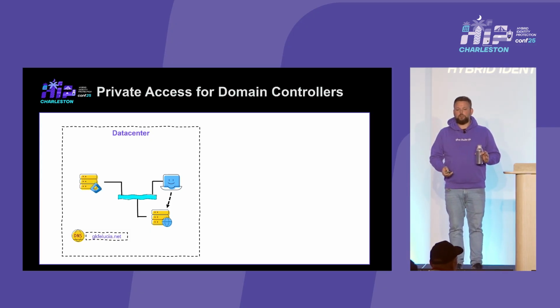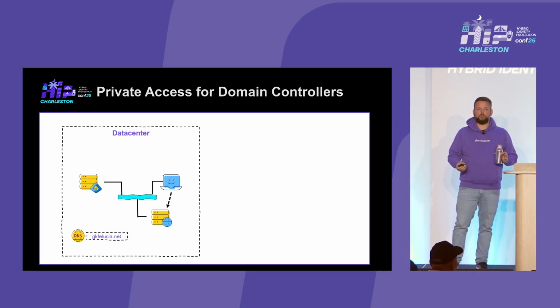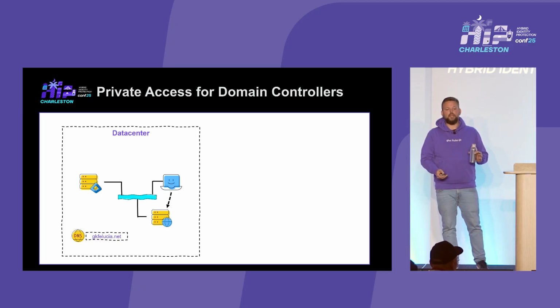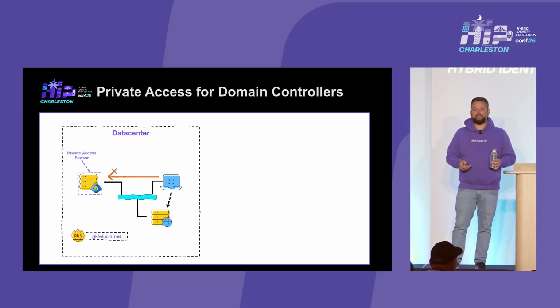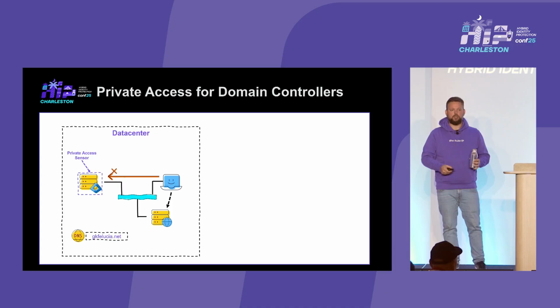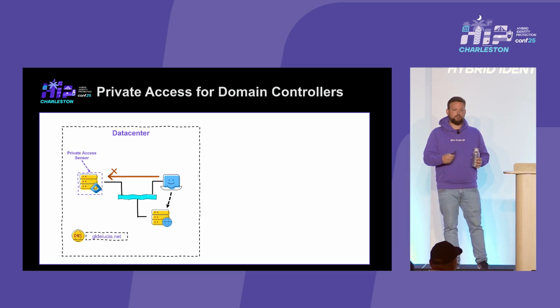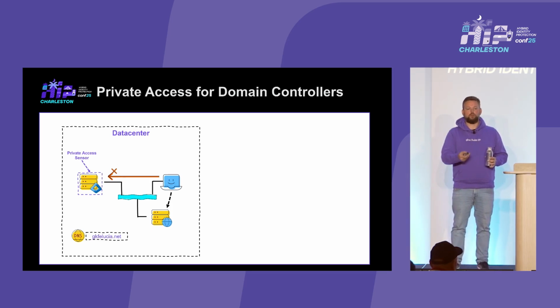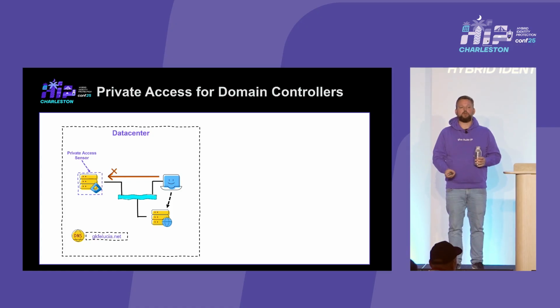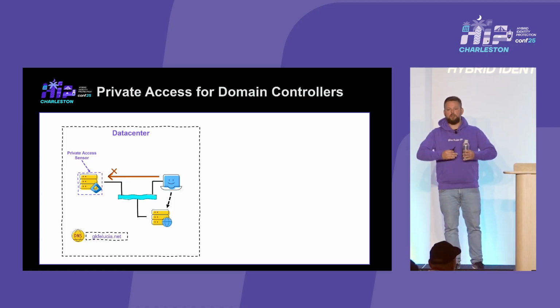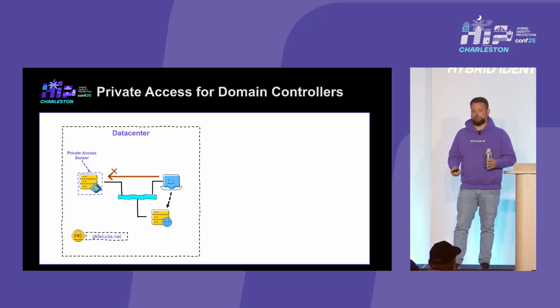And we also have a domain controller in that same network, and we have a sensor, the private access sensor, as an agent running on that domain controller. And when the client is trying to get a TGS from the domain controller for the web server, it is blocked. It is intercepted by the sensor, and the sensor will block it. That is the function of private access for domain controllers in a nutshell.